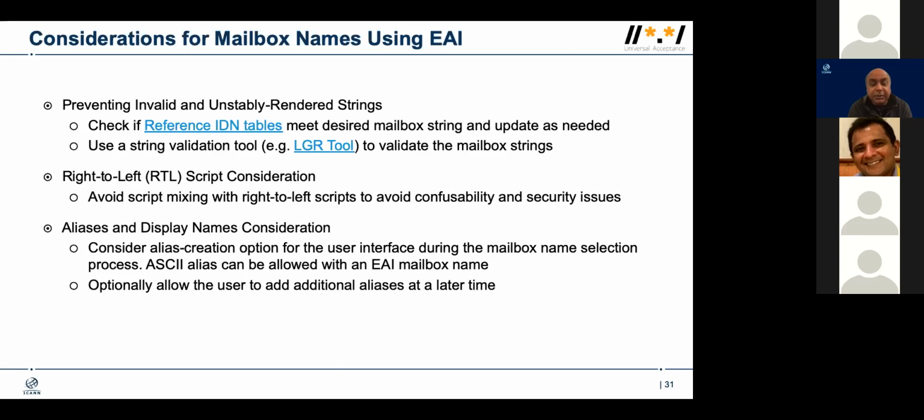We also talked about, for example, uppercase versus lowercase, which have to be handled explicitly in EAI and so on. So there may be reasons why you want to create multiple aliases and display names for EAI. And if that is the case, you may want to allow users options to create these names and allow multiple names for a particular mailbox.